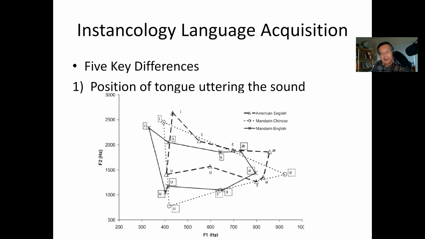Let me say this. If you started to learn a foreign language after you are 15, your tongue and mouth are used to pronouncing your primary language, either Mandarin or Chinese.